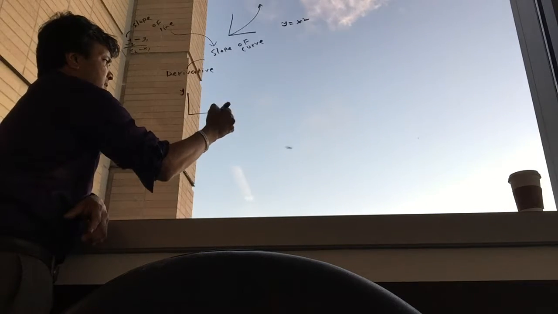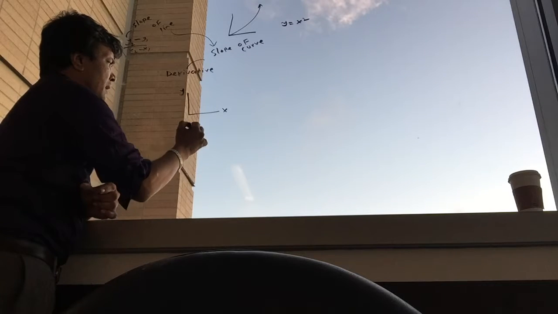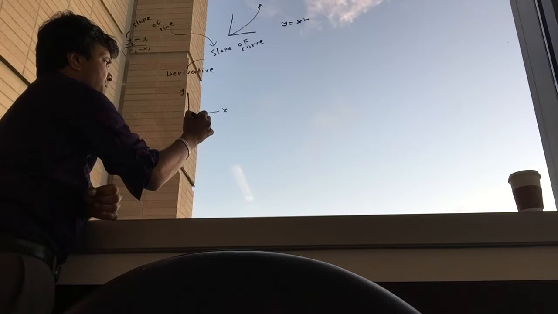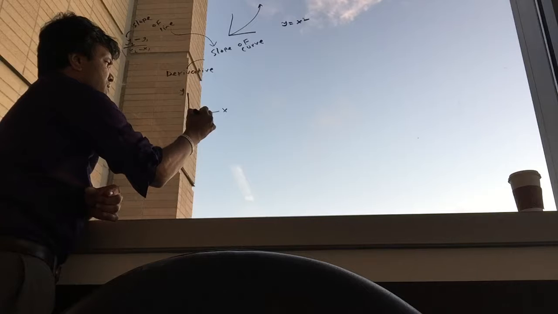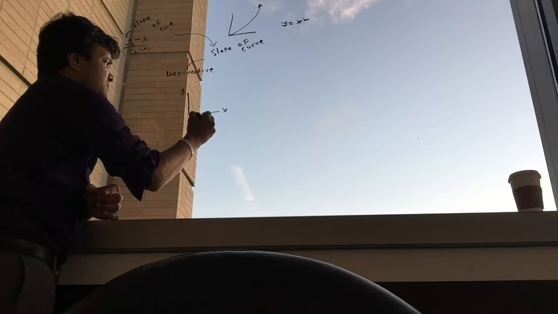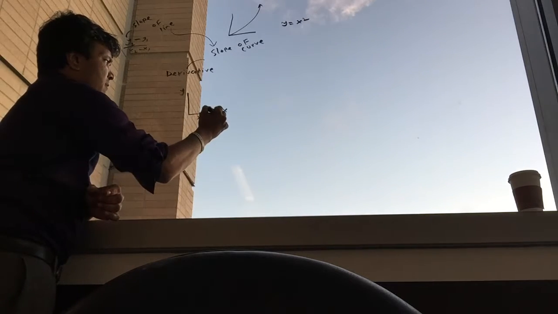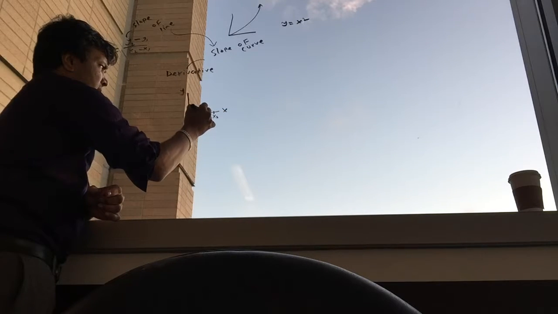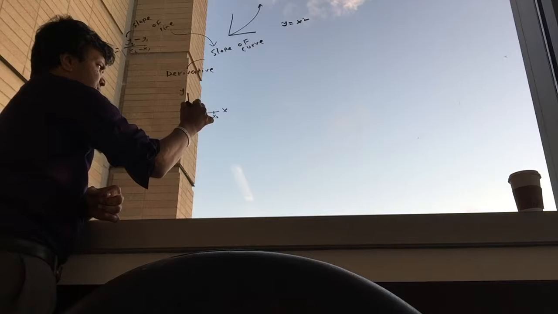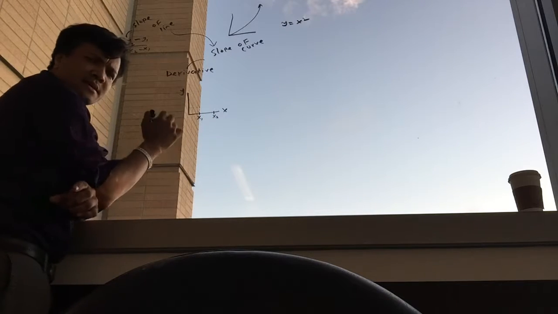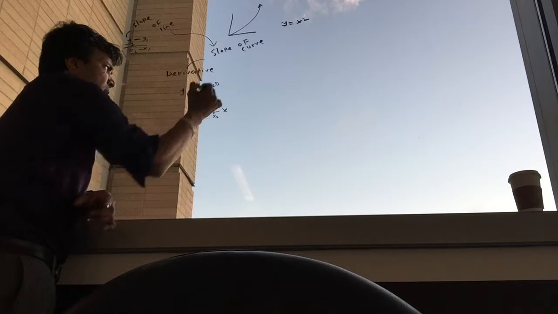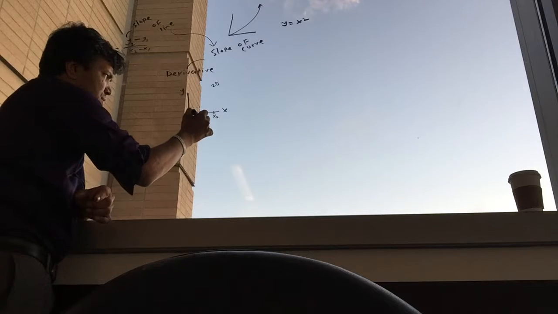Y and x. So I have a point, let's call it x1, and I have a point, let's call it x2, and let's say I have another point. Okay, in 2D it takes 2 values to make a point.